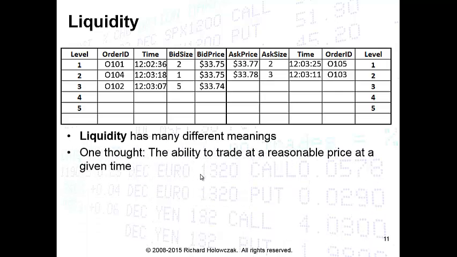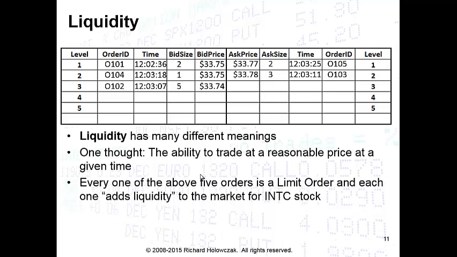One thought here is we can think of liquidity as the ability to trade at a reasonable price at a given time. So if I came into this marketplace and I really wanted to buy some Intel stock, would there be a willing seller there ready to trade with me? And so in order to do that, we need folks who have put up limit orders.